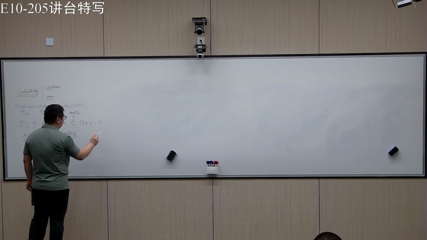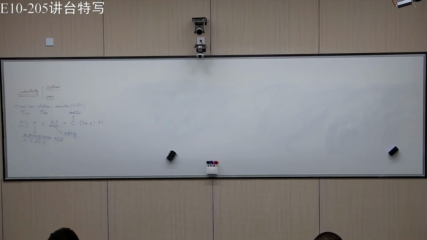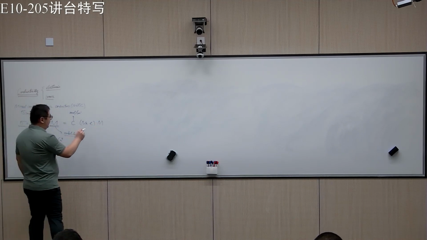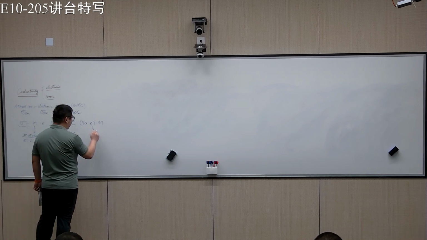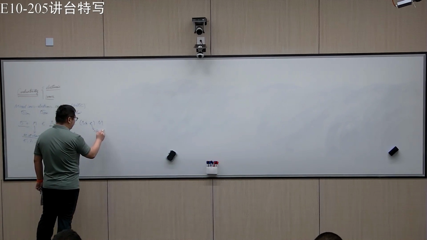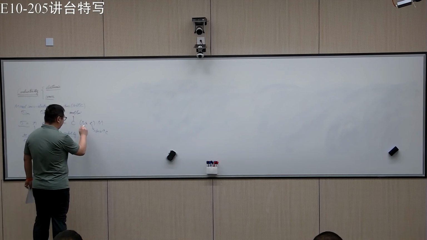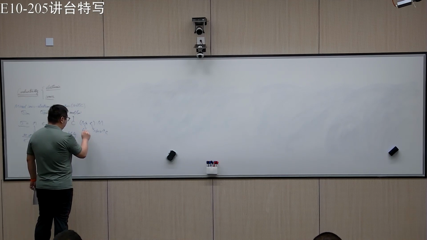And the mu here. Then you have something in the middle, basically the elementary charge, 1.6 times 10 to the minus 19 coulomb, times 6.02 times 10 to the 23 per mole.